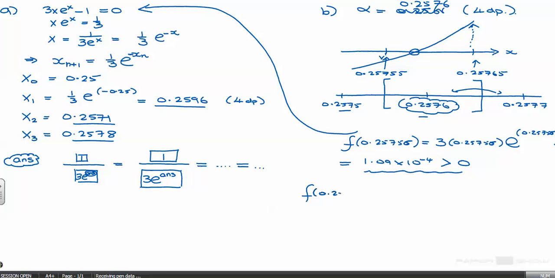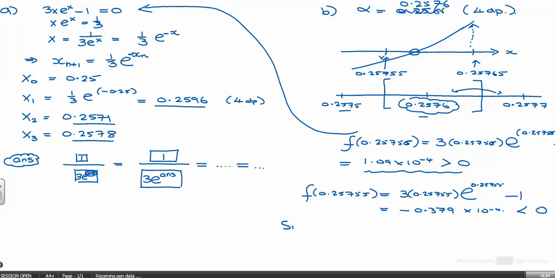So f of 0.25755 is equal to 3 times 0.25755 e to the power 0.25755 minus 1, and I find that equals minus 0.379 times 10 to the minus 4, which is less than 0.